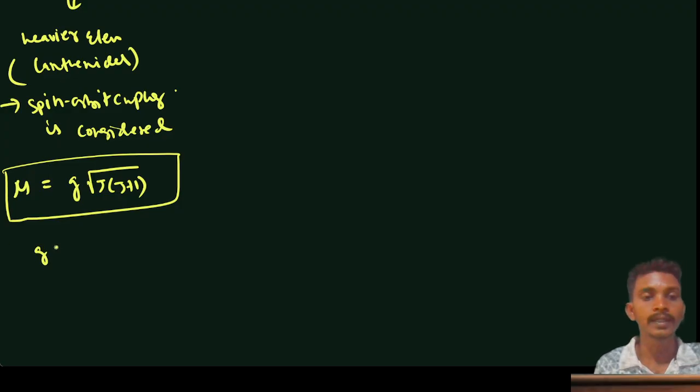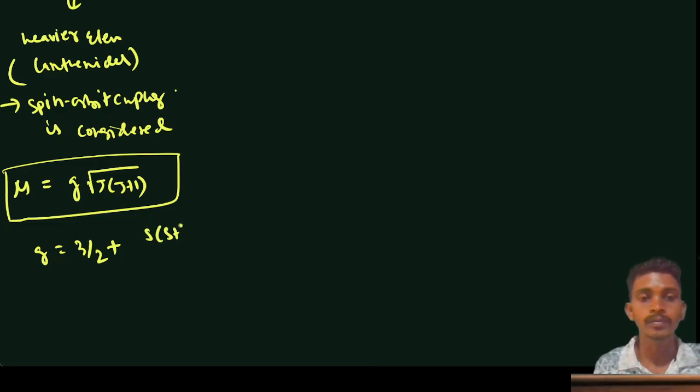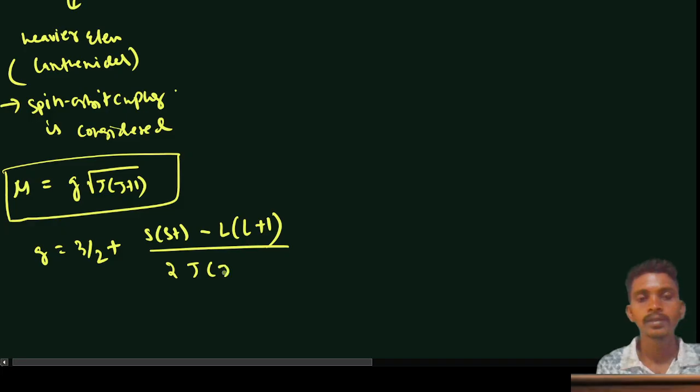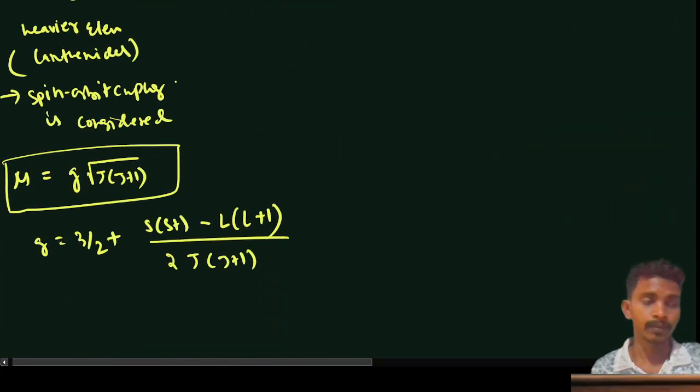J is 3/2 plus [S(S plus 1) minus L(L plus 1)] over [2J(J plus 1)]. This is the case for heavier elements.